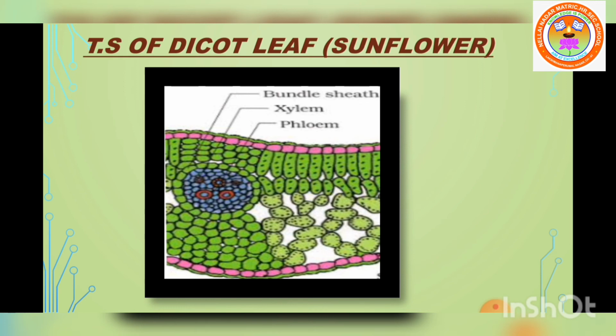Xylem consists of metaxylem vessels and protoxylem vessels. Protoxylem vessels are present towards the upper epidermis. Phloem consists of sieve tubes, companion cells and phloem parenchyma. Phloem fibers are absent. Xylem consists of vessels and xylem parenchyma. Tracheids and xylem fibers are absent. So this is about the vascular tissues of dicot leaf.